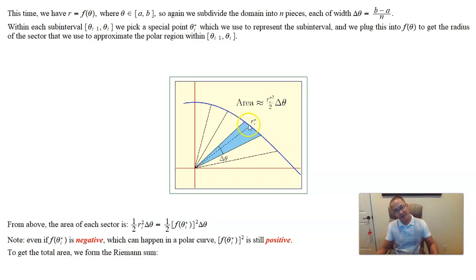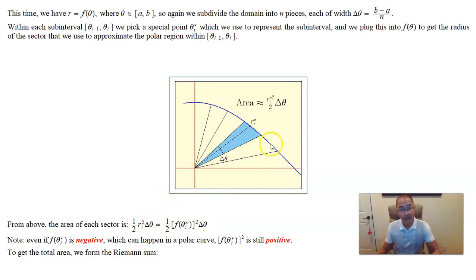If this is a very small opening, this can almost look like a portion of a circle where we started out with. So remember the formula for the area of a sector. We said it is 1/2 r squared delta theta.